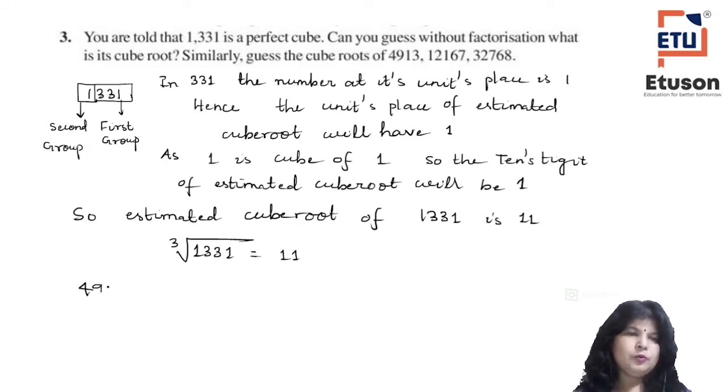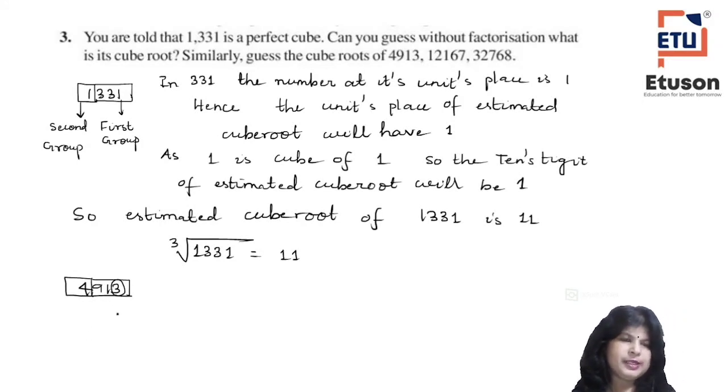Now we have to do the next numbers similarly. You have 4913, group it. Now look at the number at its units place. In the first group it is 3.